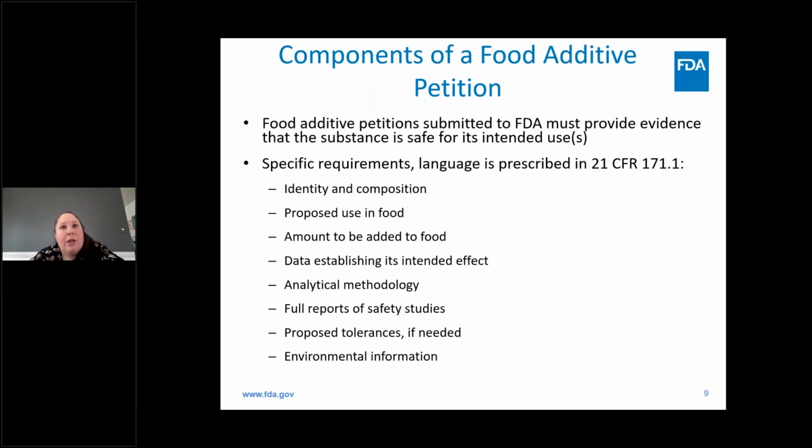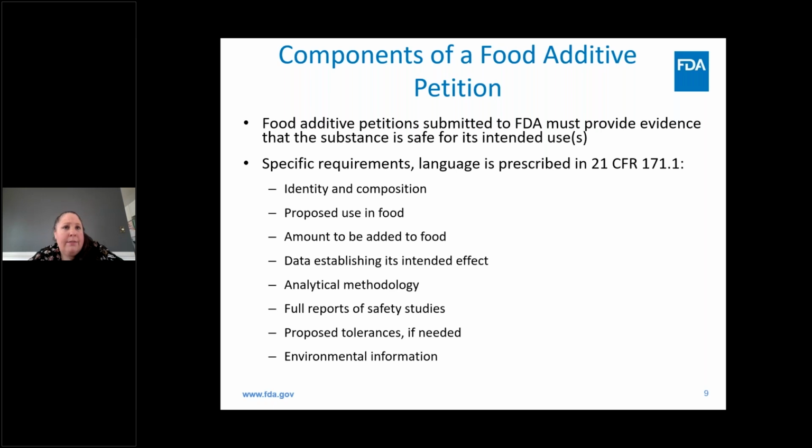So what would a food manufacturer include in a food additive petition? The specific requirements are also prescribed in the Code of Federal Regulations, or CFR. Specifically, Title 21 of CFR is reserved for rules of the FDA. So you'll see on my slides nomenclature throughout that refers to the regulation and where it's found within 21 CFR.